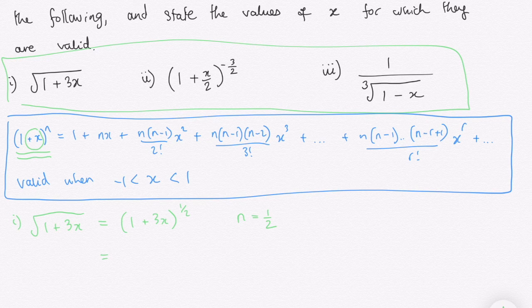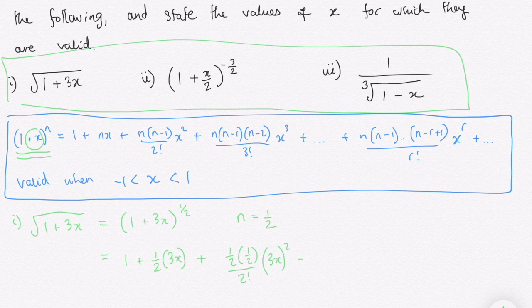So we get 1 plus n lots of x, so 1 half, and instead of x we have 3x. And then we have n and then n minus 1, so a half times a half minus 1 is minus a half, divided by 2 factorial, multiplied by 3x in brackets all squared.